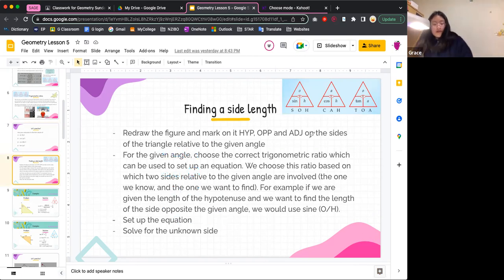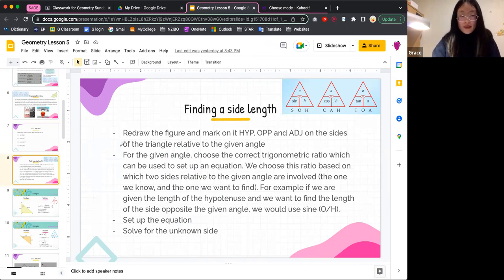Okay, so this is a bit of a long slide, but essentially what it's saying is that when you have a triangle and you want to find an unknown side length, remember these trigonometric ratios only work for right angle triangles.